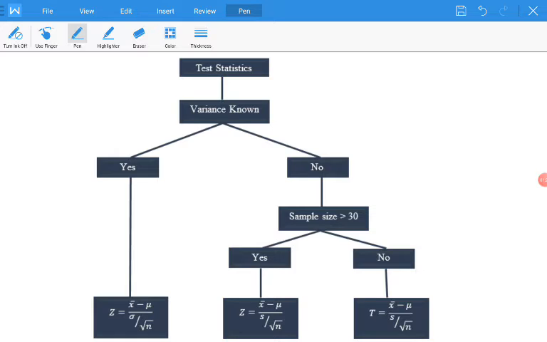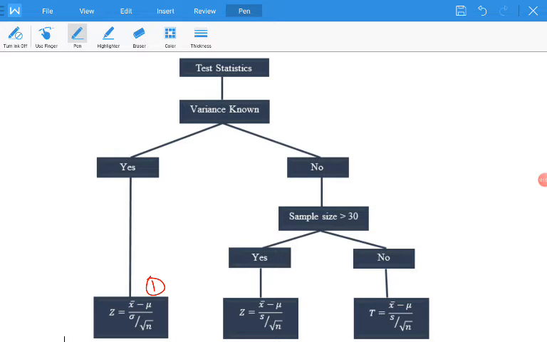The first thing that you need to ask yourself is: is the variance known? If the variance is known for the population that you are dealing with, you use this first test statistic, because we will be using the z-score. The z-score is just the normal distribution.